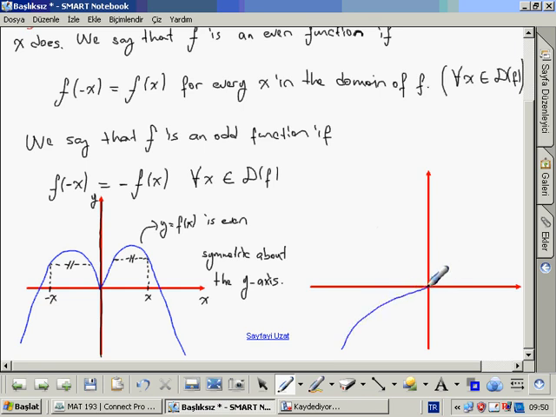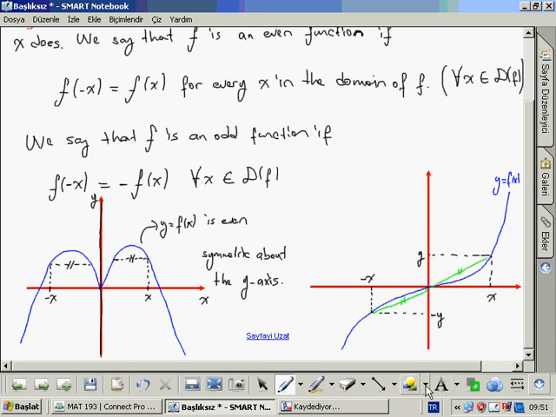For example, this is y equals f of x, and when you select any x, like that, and this part is x, minus x, and this part is of course minus y, and this part is y, and these green vertices are equal.